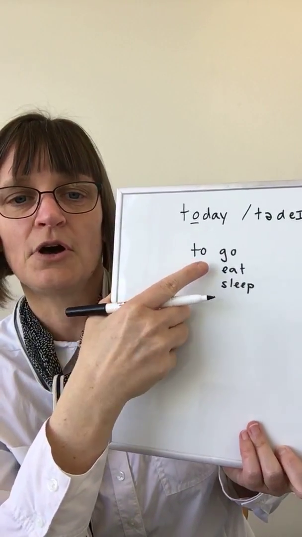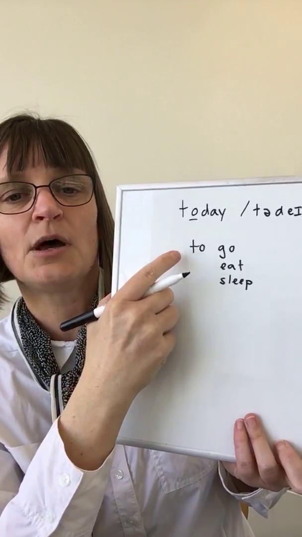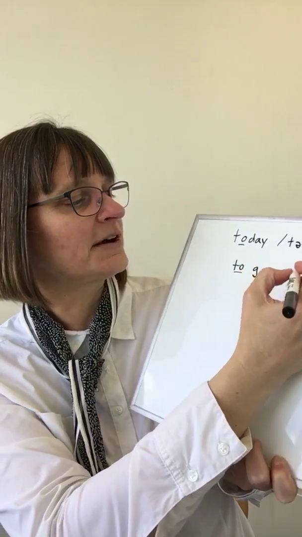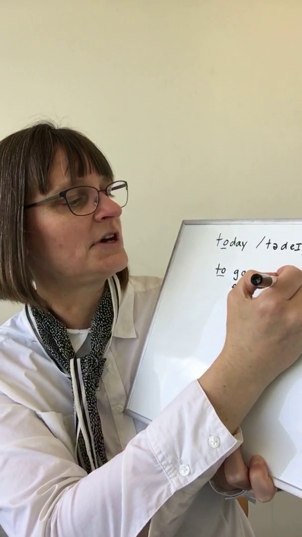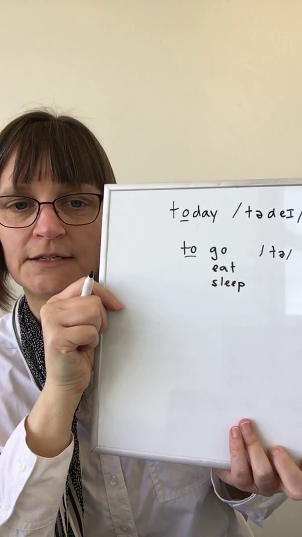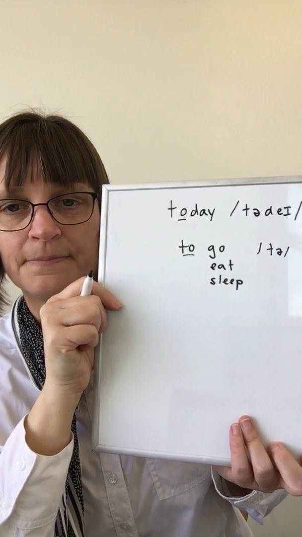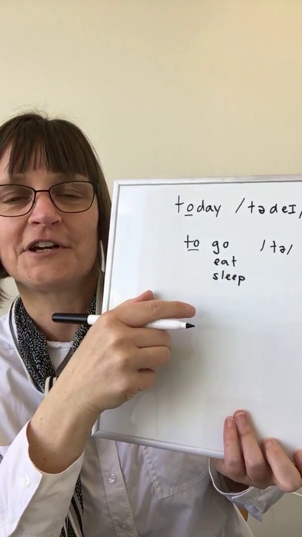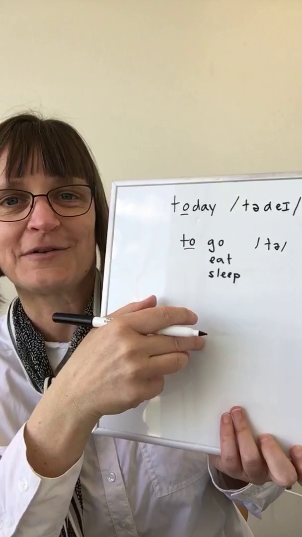I need to go, I need to eat, but very frequently in English, this word is unstressed and Americans reduce it to "ta." I need to go, I need to eat, I need to sleep, I need to talk to you. So this is an example of a reduction that you can use to sound more American.